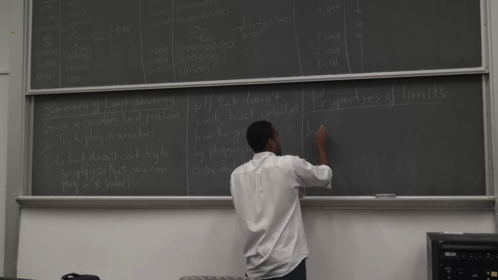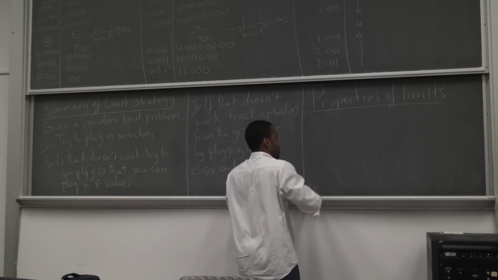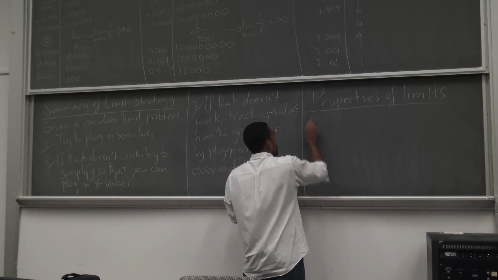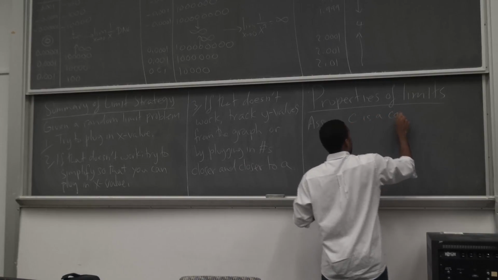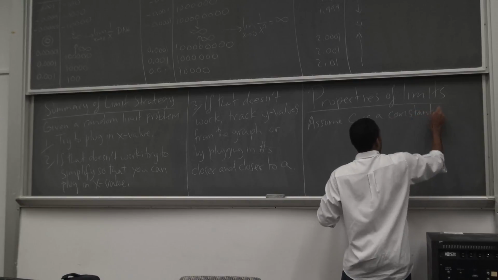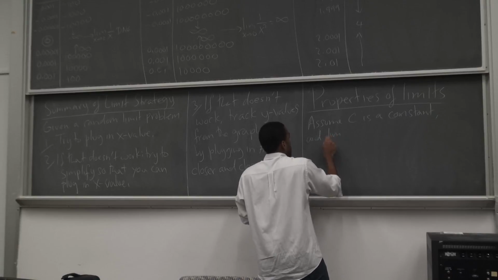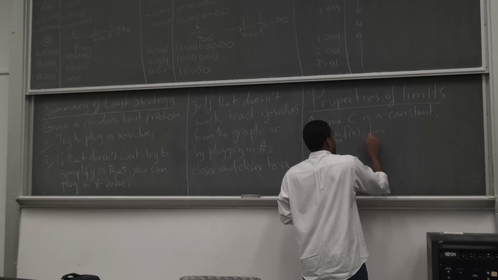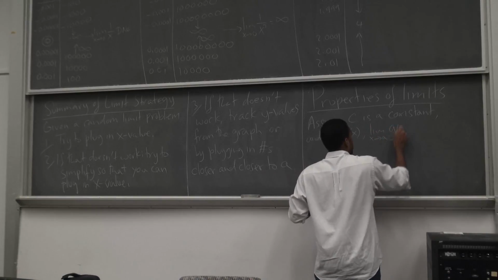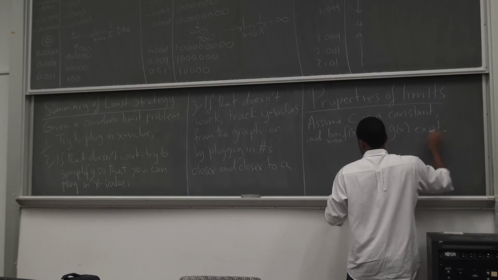It turns out that, assume C is a constant and the limit as x approaches a of f of x and the limit as x approaches a of g of x exist. We need two functions for these.